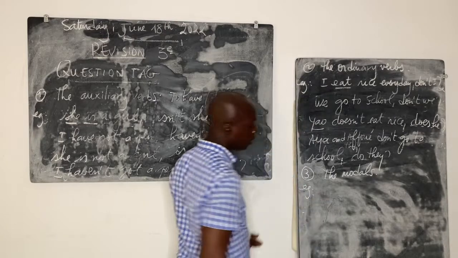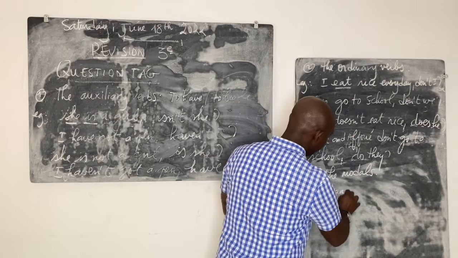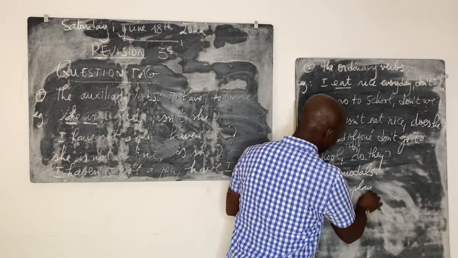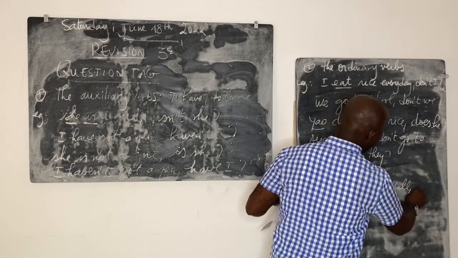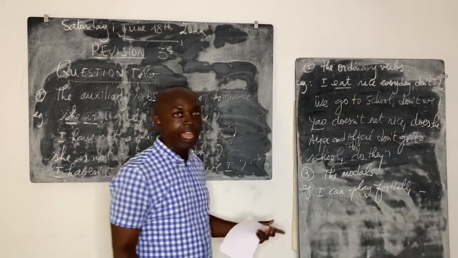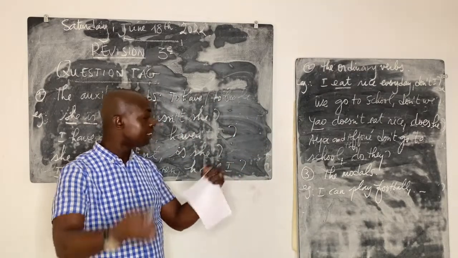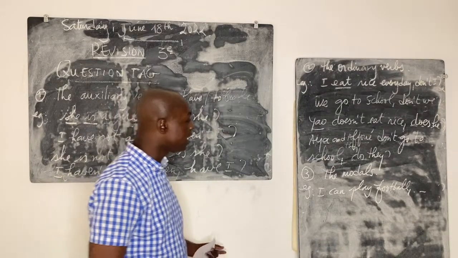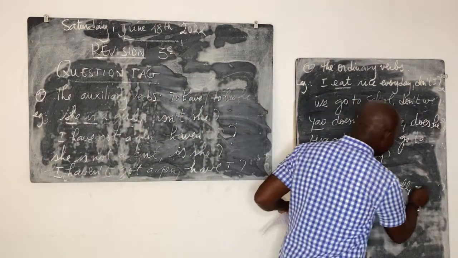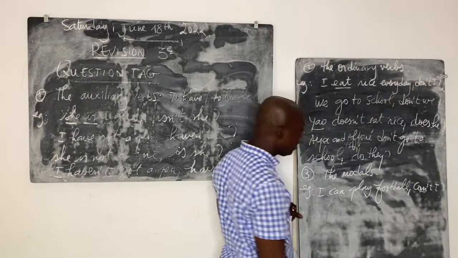Example. When I say I can play football. I can play football. The sentence here is in affirmative form. So the tag is going to be in interrogative form. It's going to be can't I?